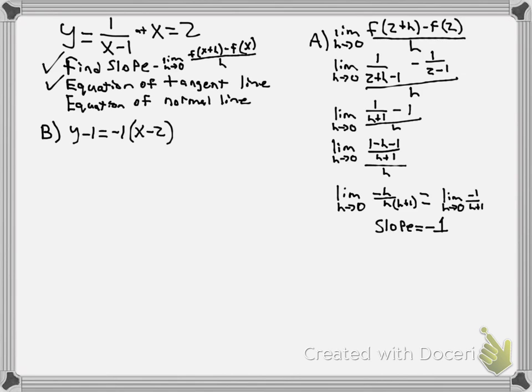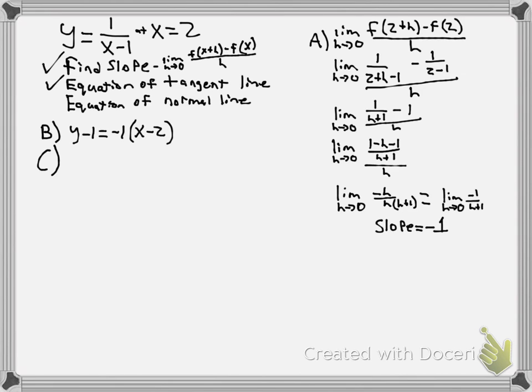Third thing, now write the equation of a line that is normal to that tangent line. In order for this line to be normal to the tangent line, it has simply got to be perpendicular. Okay, let's go back to algebra class. We know that the slope of two lines that are parallel is the same.